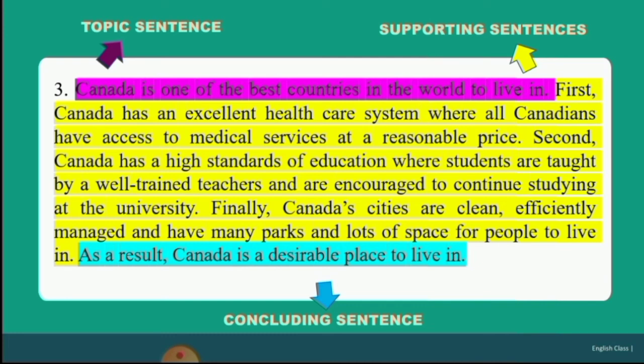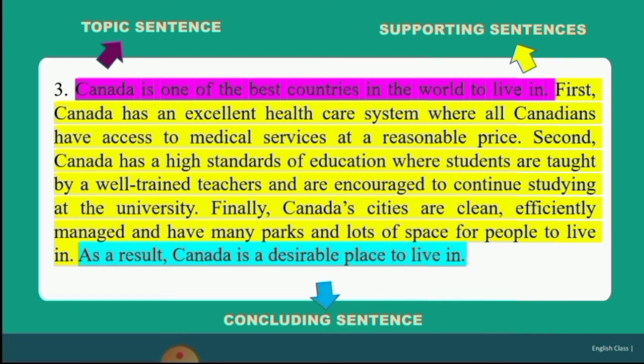And finally, Canada's cities are clean, efficiently managed, and have many parks and lots of space for people to live in. So we have here 3 supporting details also. And then our concluding sentence is, as a result, Canada is a desirable place to live in.